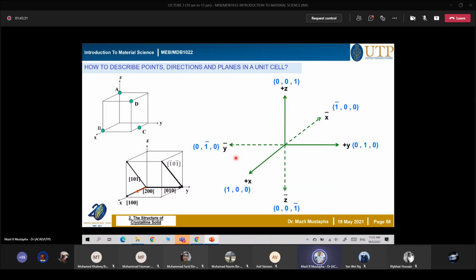For the z direction, 001, going up is 1 and going down is minus 1. I hope everybody is clear. It is just a coordinate for this system. This is our origin, 000. Okay, we move on.